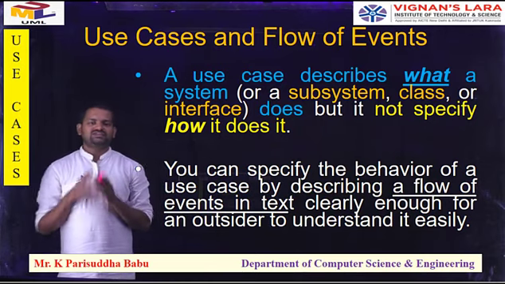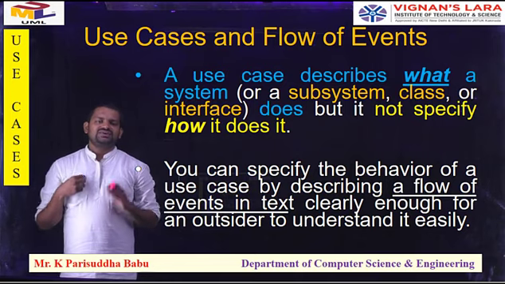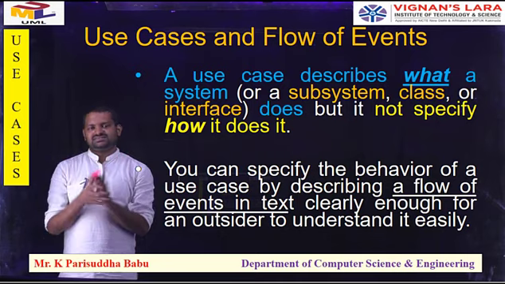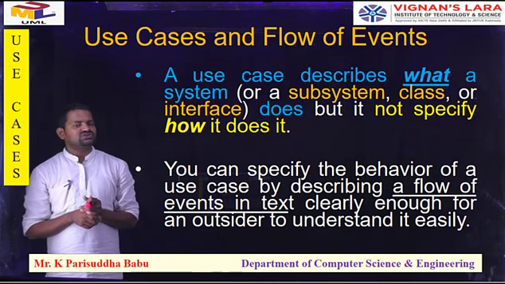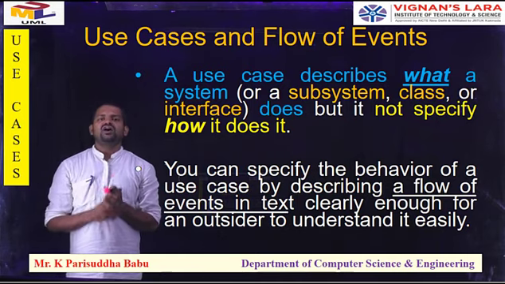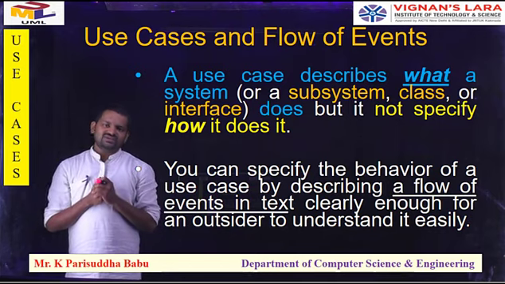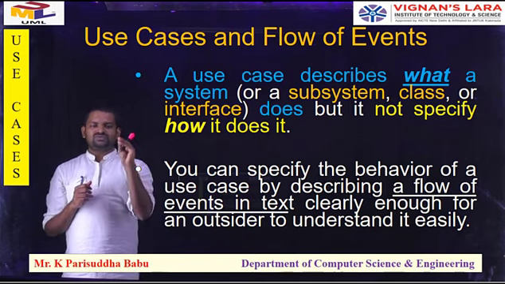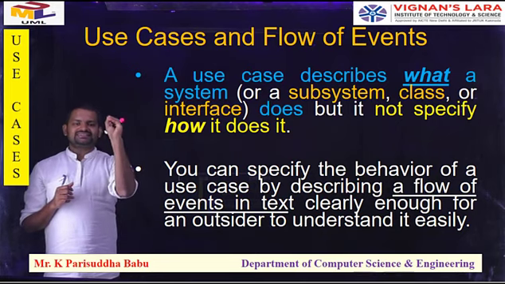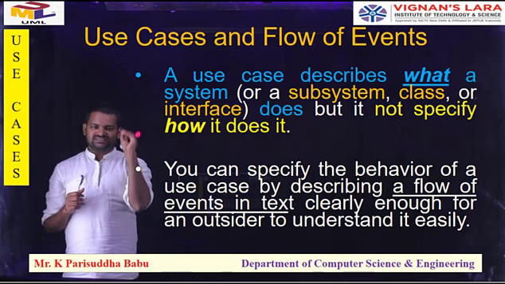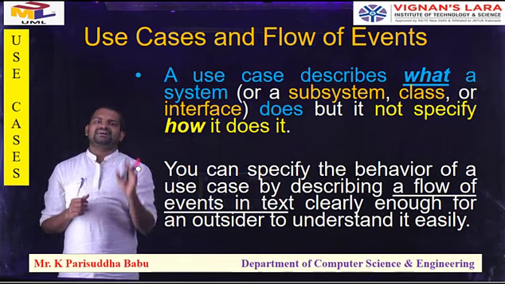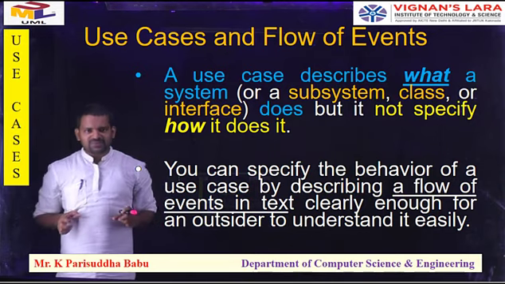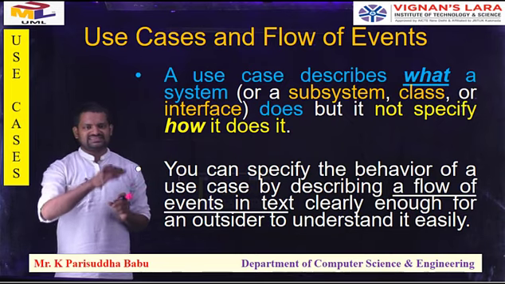A use case represents what a system does, or what a subsystem does, or what a class or interface does. It does not specify how it does it, it specifies only what a system, subsystem, class or interface does. Likewise, information will be represented with the help of use cases.